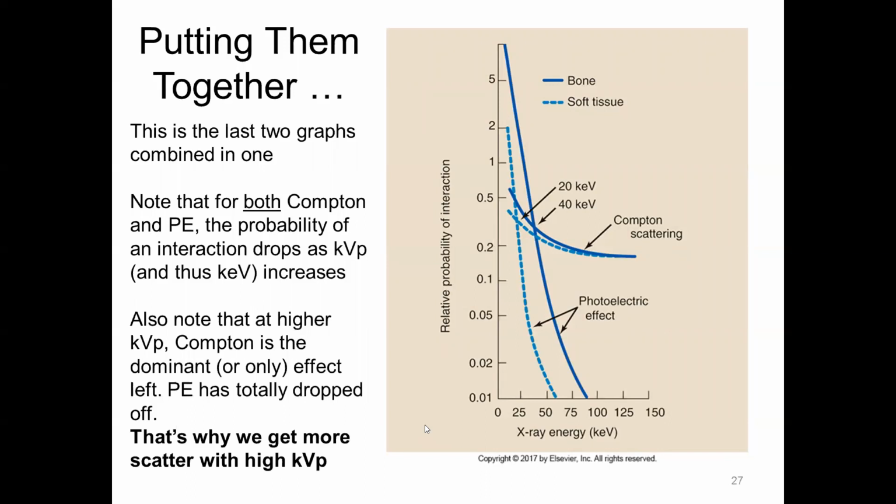Dashed line indicates soft tissue, solid line indicating bone. So your takeaways here. For both Compton and photoelectric, the probability of interaction drops as your kVp increases. That's all consistent with what we've covered for these graphs individually.